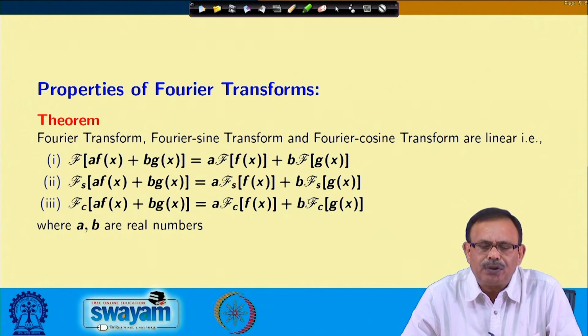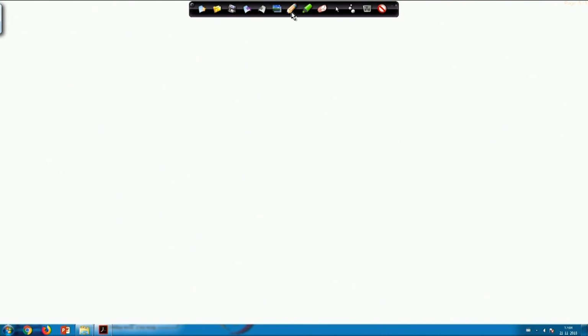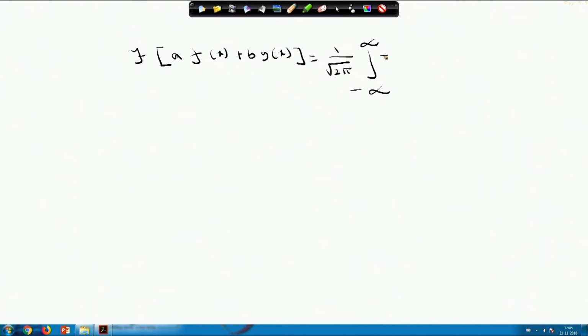Let us take up the proofs one after another. Let us take the first proof, that is the Fourier transform of a f(x) plus b g(x). From the definition of Fourier transform, I can write down 1 by root 2π, integral from minus infinity to infinity of a f(x) plus b g(x) into e^(iαx) dx.